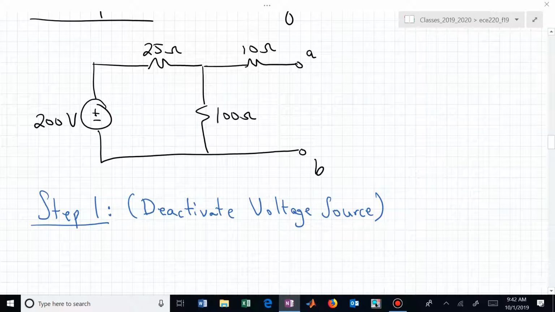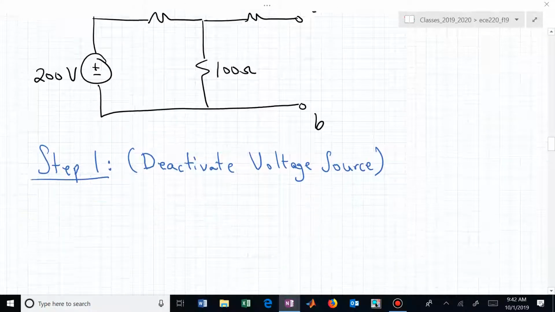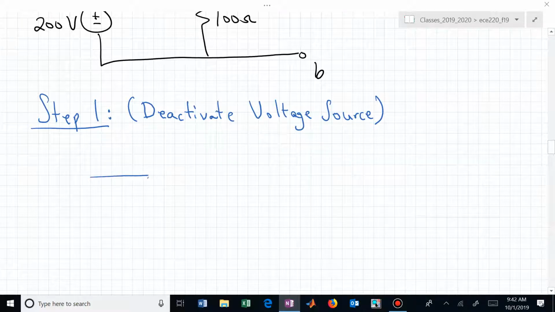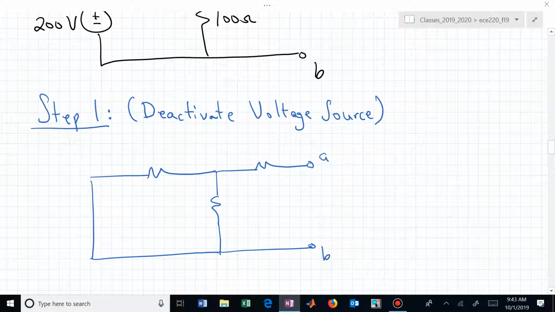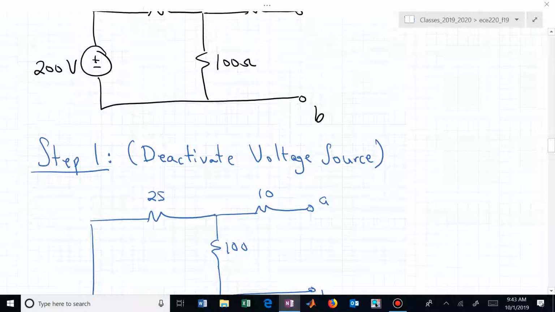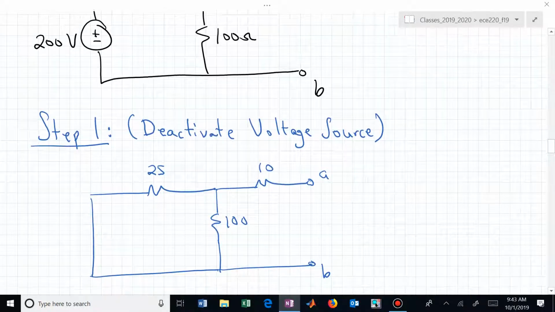We simply short out the voltage source, and if we do that, what do we end up with? Now we have a circuit with the following values. Those haven't changed. All we've done is replaced the voltage source with a wire.